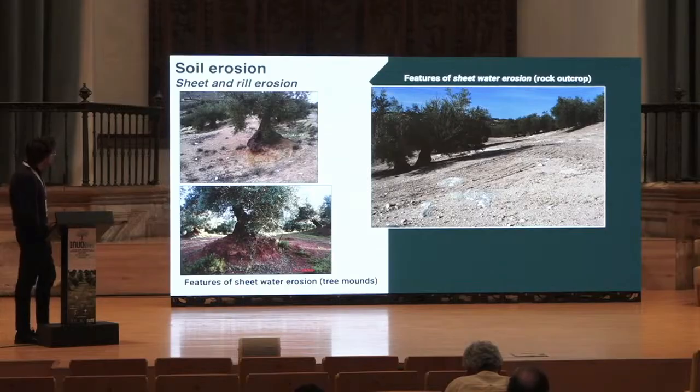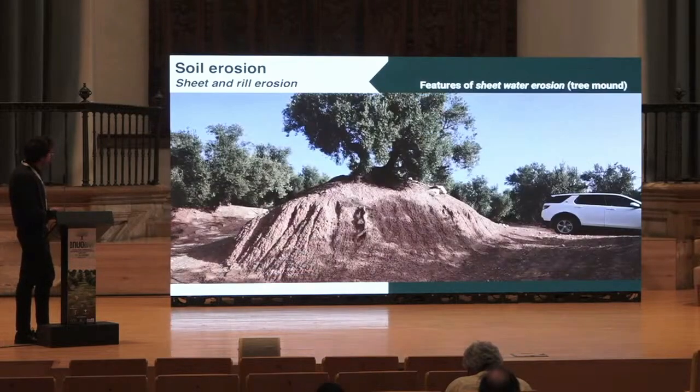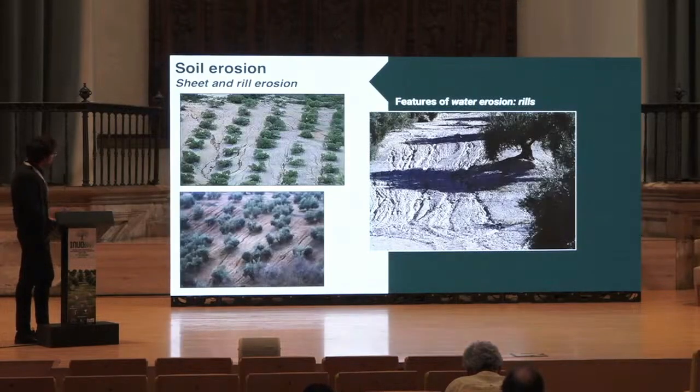In the case of soil erosion, we can evaluate in the field the sheet erosion by its features, the tree mounds, the rock outcrops. In this case, it was a big tree mound. And of course, the rills.